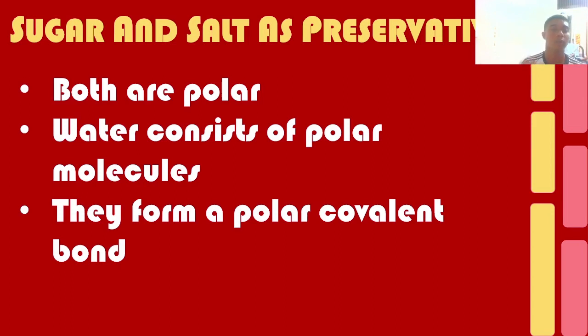So when we pour salt in water, water breaks down the molecules, where the positively charged hydrogen attaches to the Cl minus, and the O minus attaches to the Na plus. That is why salt can be dissolved in water. The same goes for sugar. It works the same way.